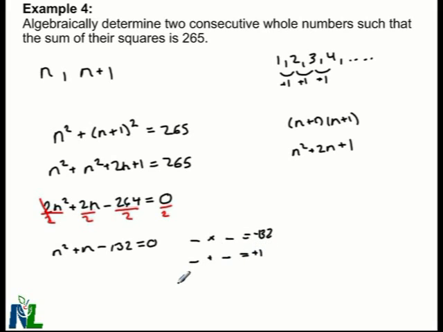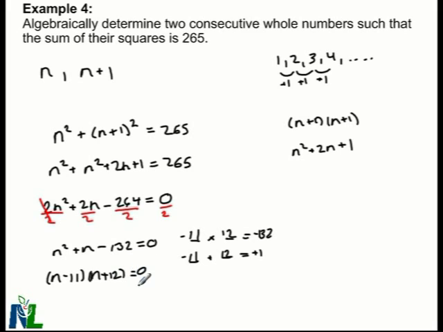Well, I know 11 times 11 is 121, and I know 12 times 12 is 144. So trying 11 times 12, that gives me an answer of negative 132. And if I want it to be a positive 1, that means the negative needs to go on the 11. So that tells me I've got (n minus 11)(n plus 12) equal to 0.